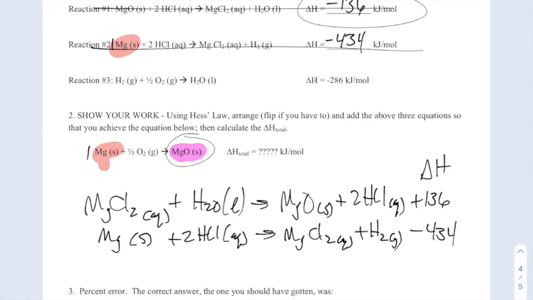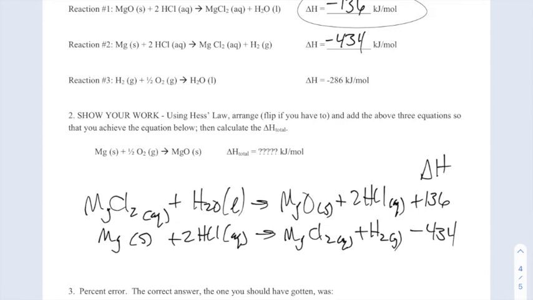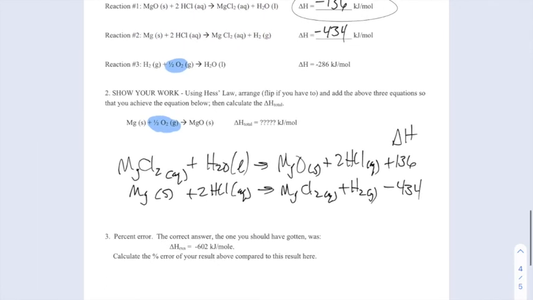Alrighty, let's see, what can I do now with my third equation? Is there anything in my third equation which appears only down here and nowhere else? It turns out that the oxygen does in this particular case. There's half an oxygen on the left-hand side, and I need half an oxygen on the left-hand side, and oxygen, O2, does not appear anywhere else in any of these other equations, so great.